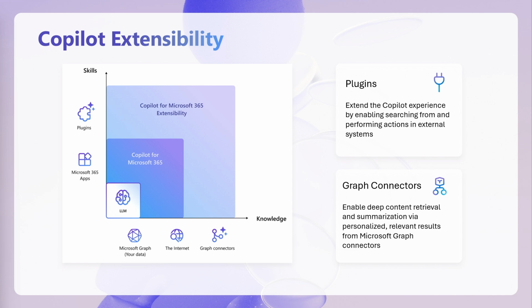One way to think about this is that the purpose of this slide is showing you the x-axis where you have graph connectors going one way, and then the y-axis where you have plugins. One of the major takeaways here is that plugins are just a great place for any data that is highly transactional. The data is something that is better consumed in real time, and you want to also perform actions on it in real time.